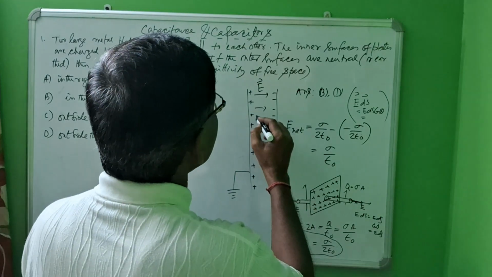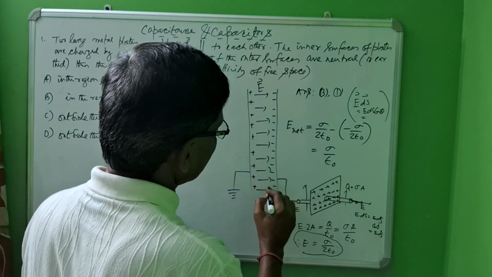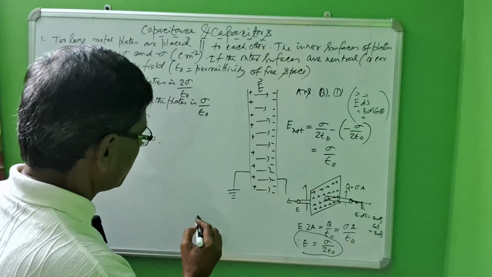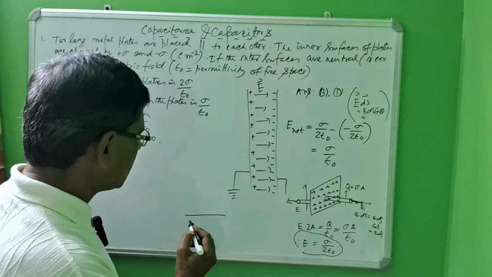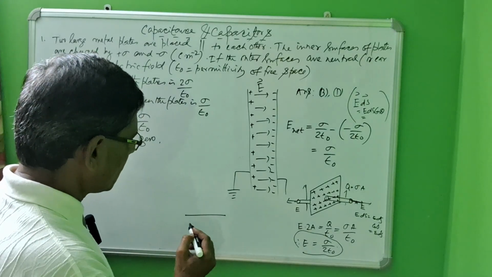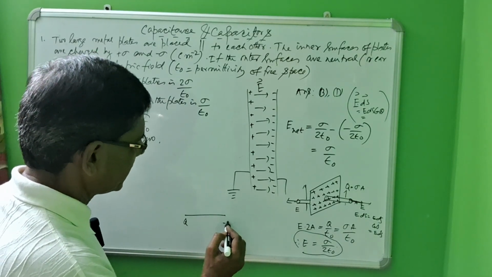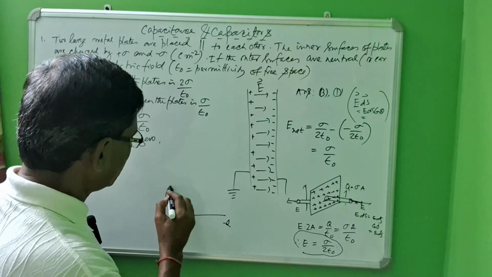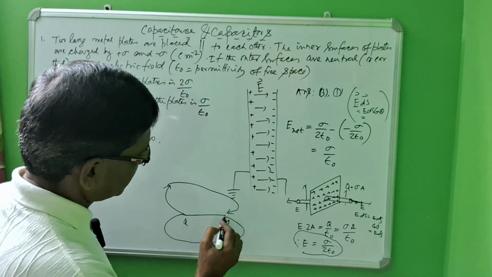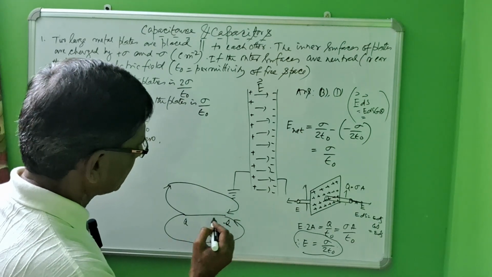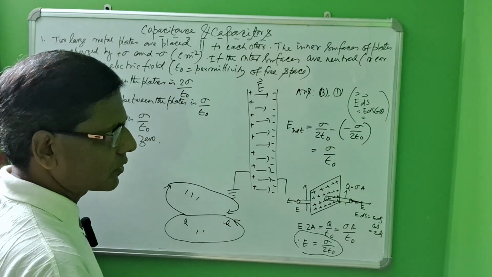And in this direction E applies because we know for a system of two charges, here is plus Q, here is minus Q, the lines of force go from this end to this end and this end to this end, and this is the free space.